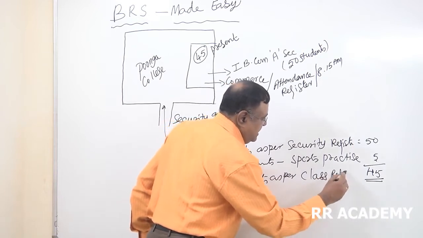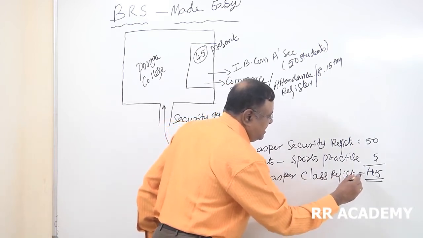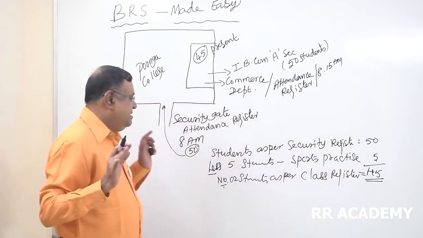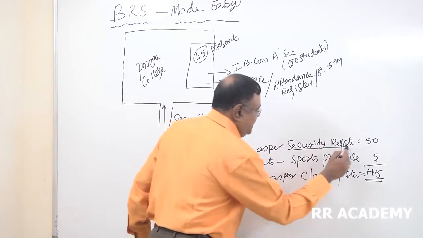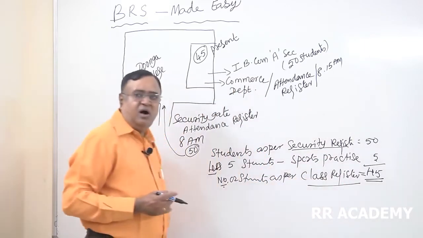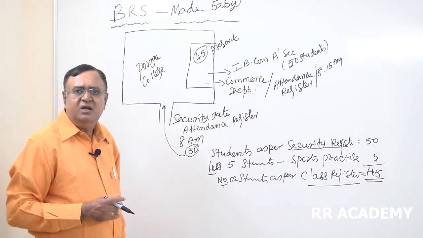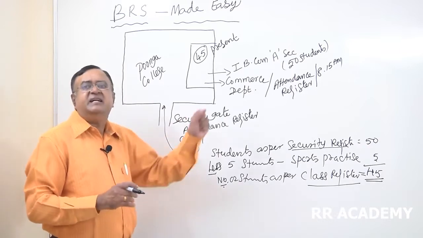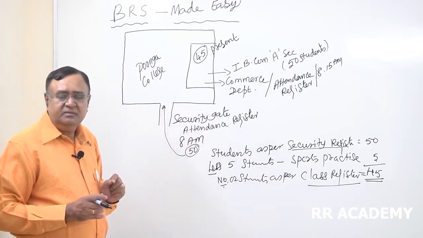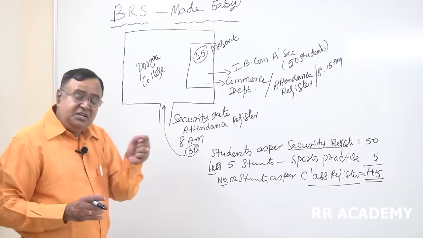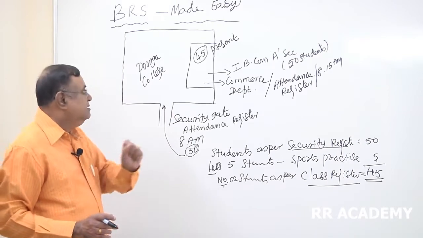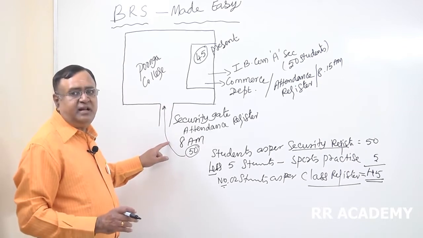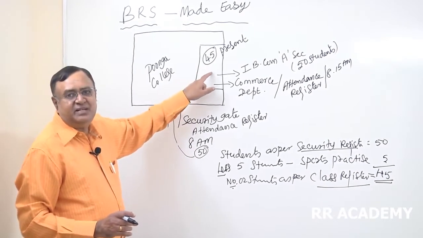Now, number of students as per class register, 45. Oh, fine. Now, security register, class register. What was the HOD asking? Why, professor, is there a difference? What is the reason for the difference between the security register and the class register?